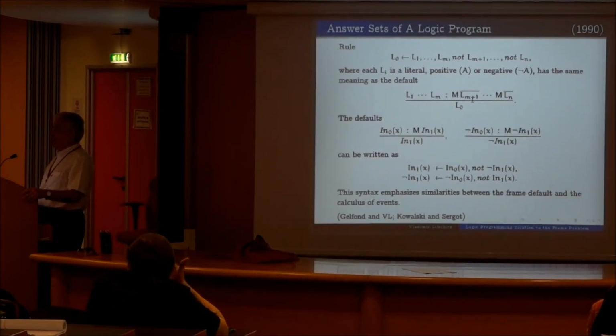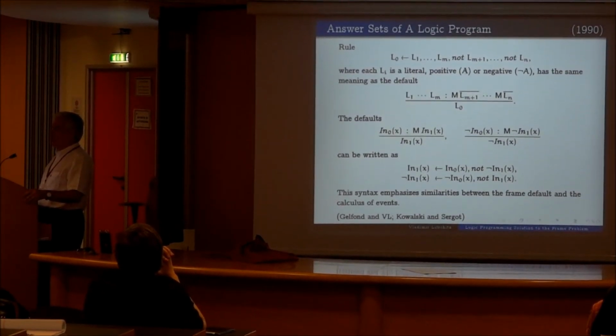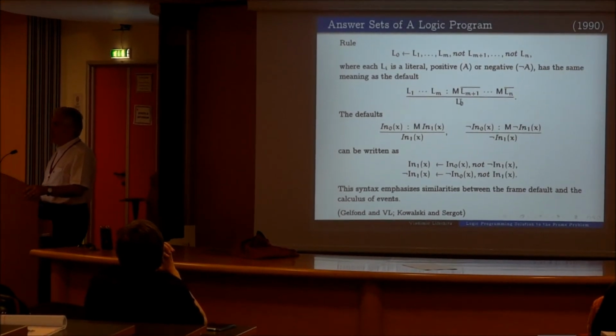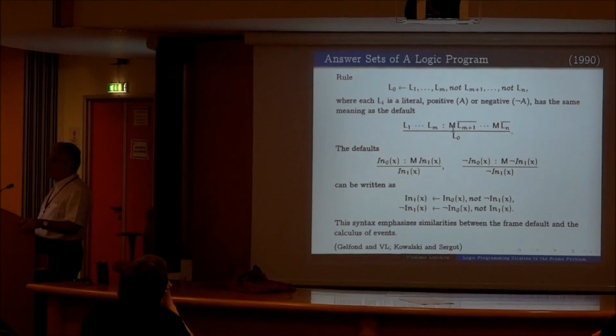Every literal here is replaced by its complement, the complementary literal, to reflect the negative aspect of this not. And also each of them is prefixed by this modal operator M as in Reiter's logic.